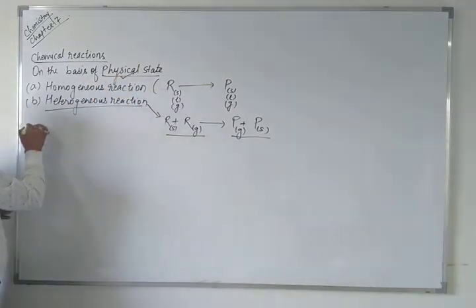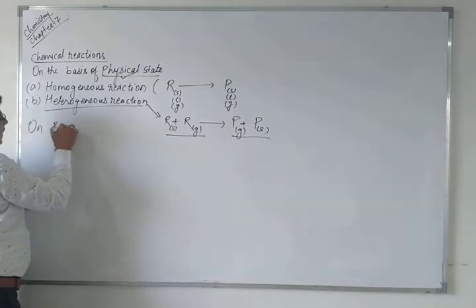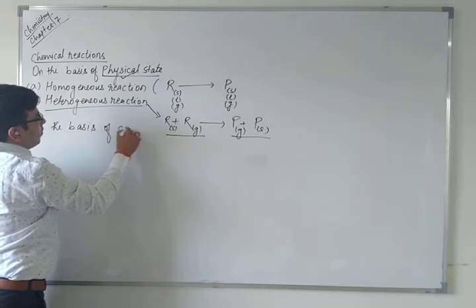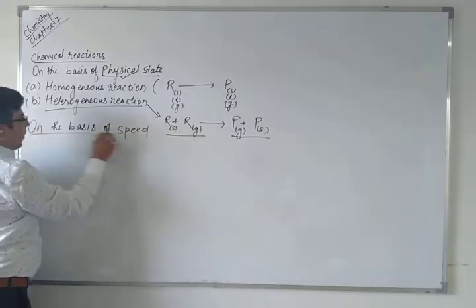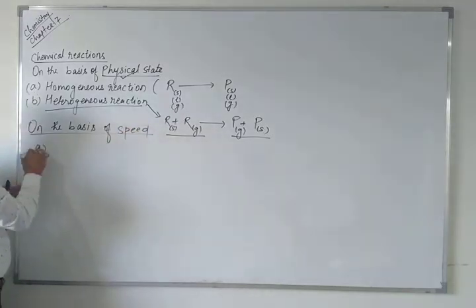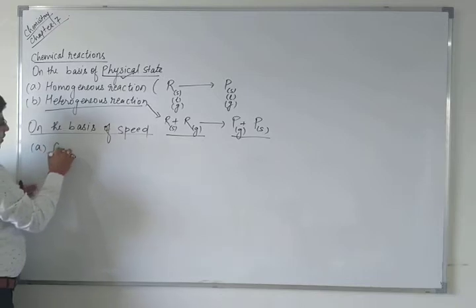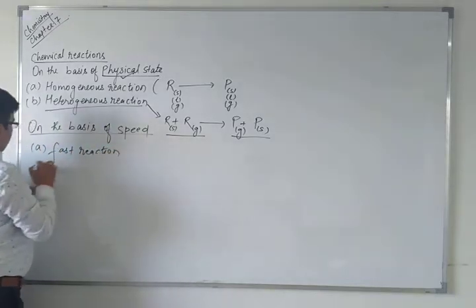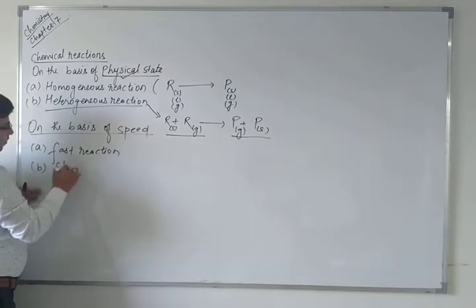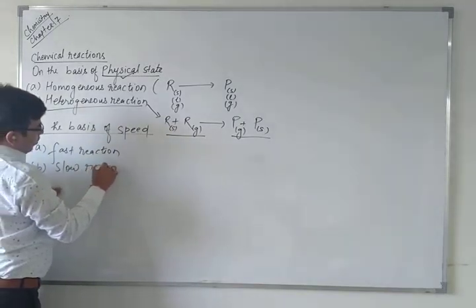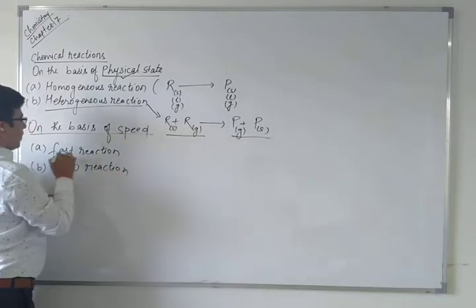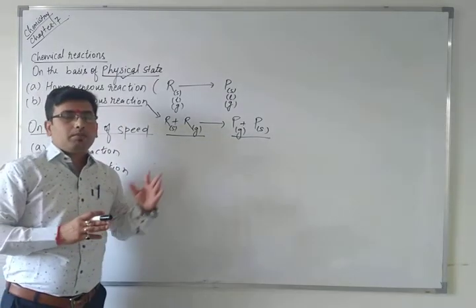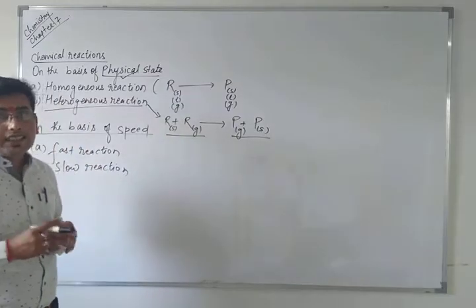If I talk about on the basis of speed, there are two types of reaction. First is fast reaction and another is slow reaction. In a fast reaction, especially these are formed in ionic states, ionic compounds.